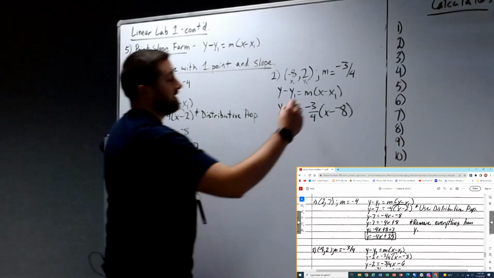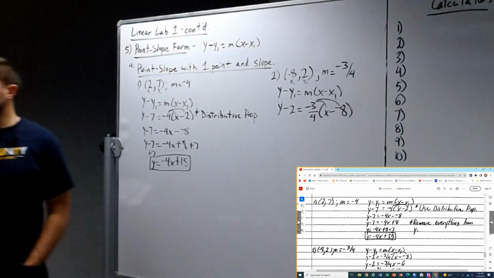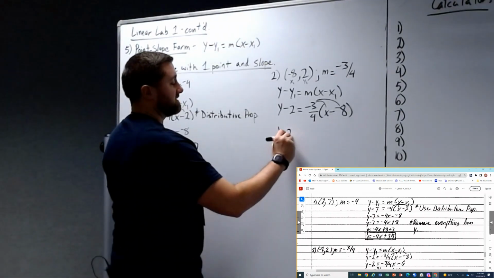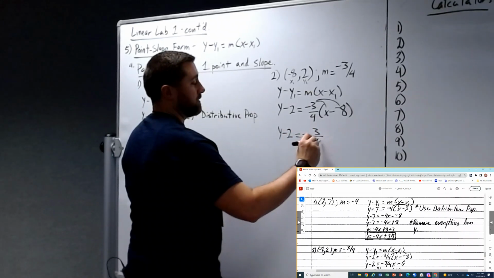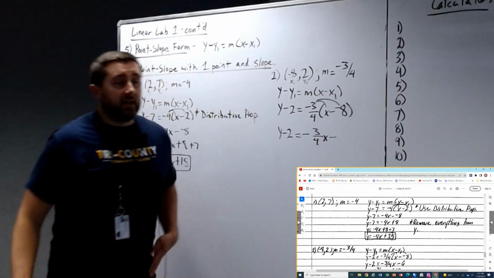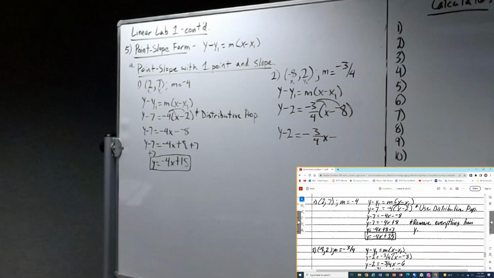So take the negative 3/4 across both of those terms. So we've got y minus 2 is equal to negative 3/4 x. I'm going to go ahead and bring that minus down for now. And then who needs a scientific calculator since we've got fractions flying about?